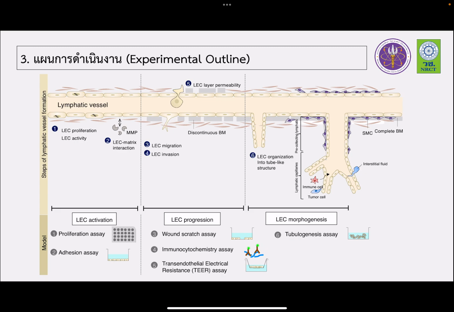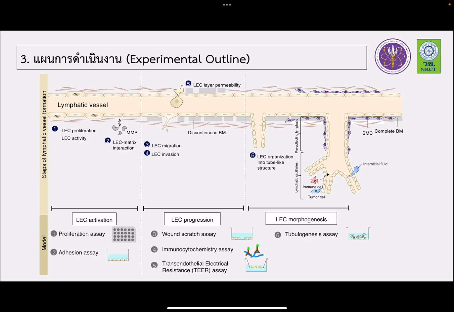So first, let me update about the results from the first part of the project, which addresses the crosstalk between angiogenesis and lymphangiogenesis. We would like to investigate the effect of blood endothelial cells on lymphatic endothelial cells.